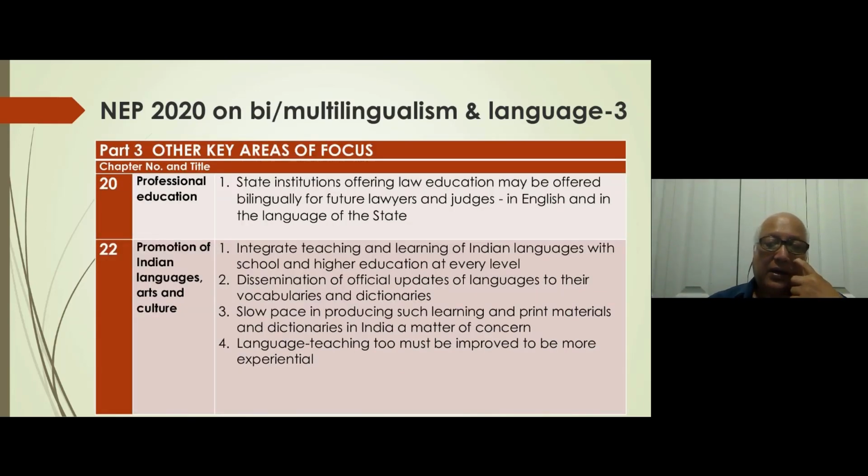Then in the third part, there are key areas of focus, which has a number of suggestions, where it's said that in law, education will be brought under the purview of the bilingual effort to implement bilingualism in education delivery, so that future lawyers and judges will be able to use, in addition to English, the language of the state.